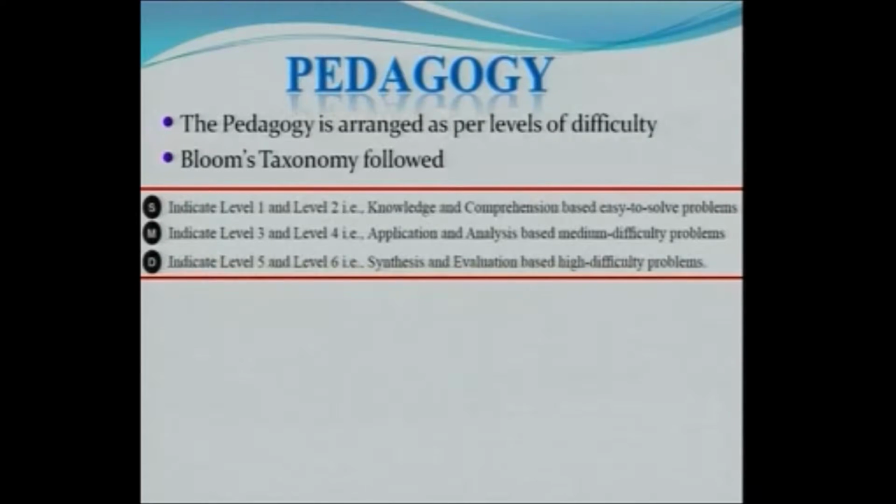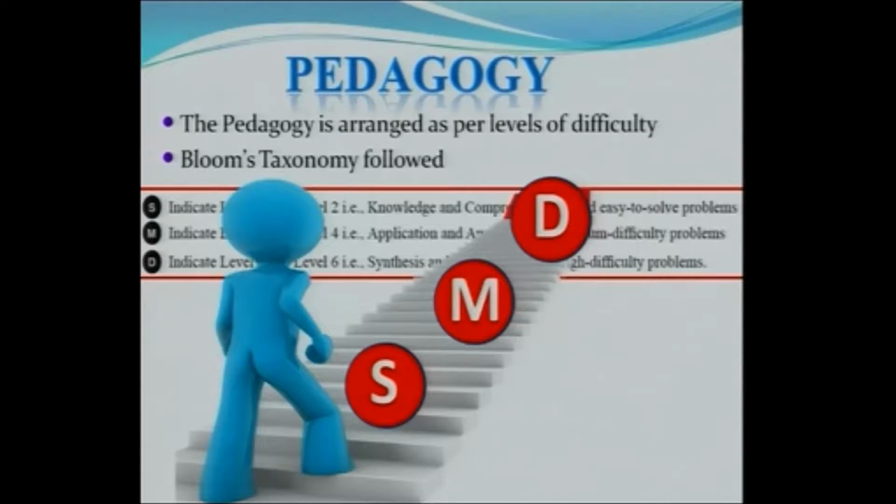Basically, they test the knowledge and comprehension of the student. M indicates medium difficulty problems. They deal with application and analysis, while D is high difficulty problems, and that concerns synthesis and evaluation.